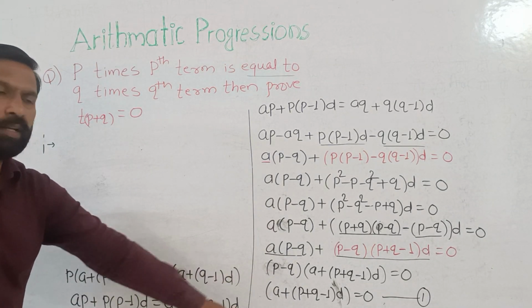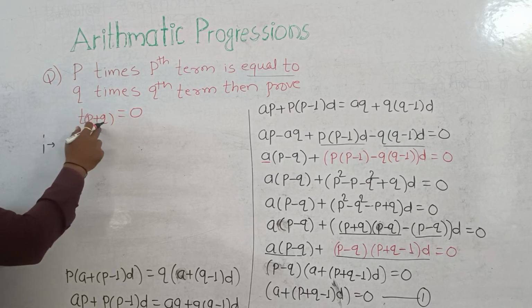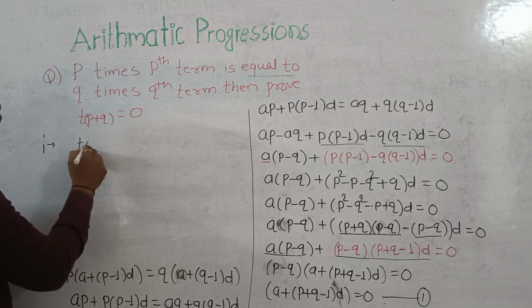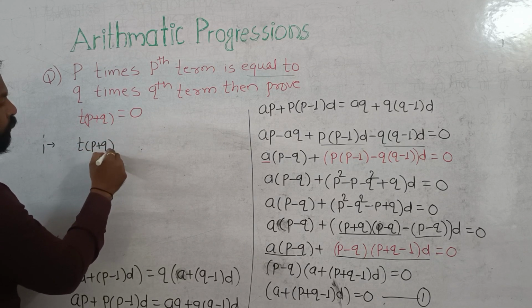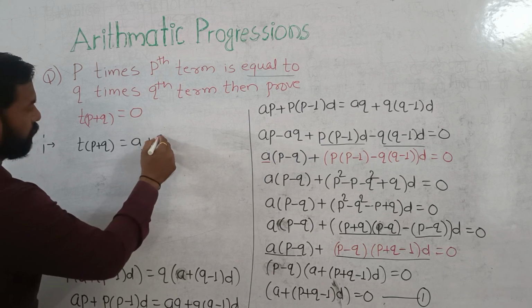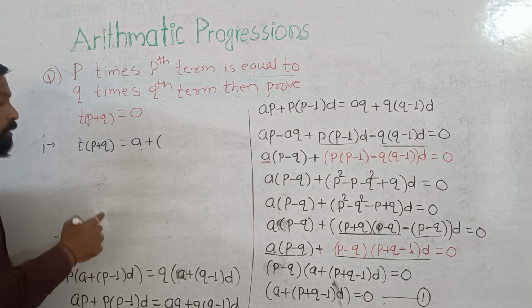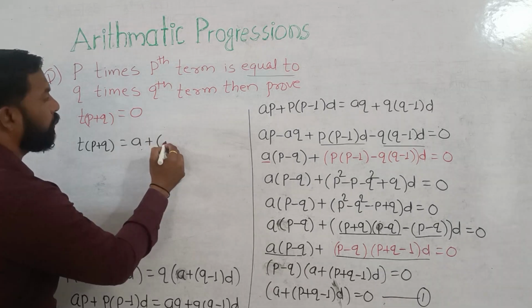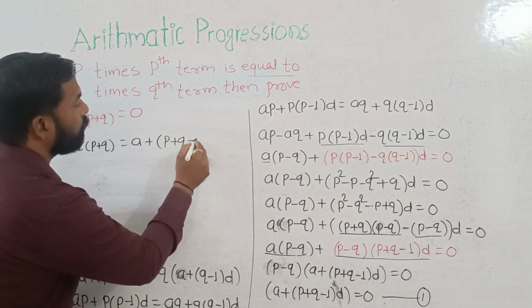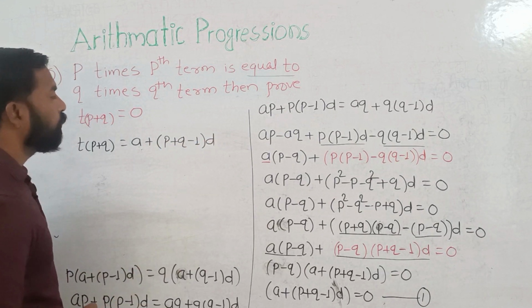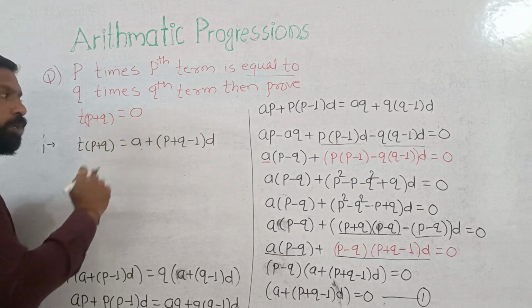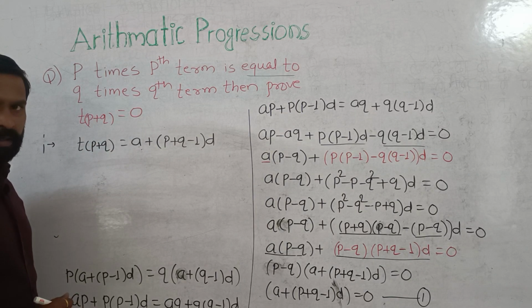It is number 1. The P plus Qth term, T of P plus Q, is A plus n minus 1, which means P plus Q minus 1, into D. This is the P plus Qth term, right?